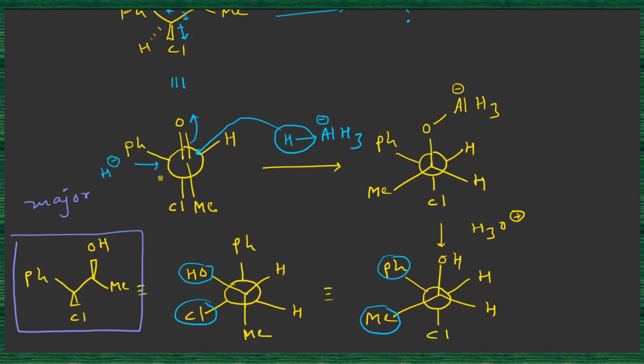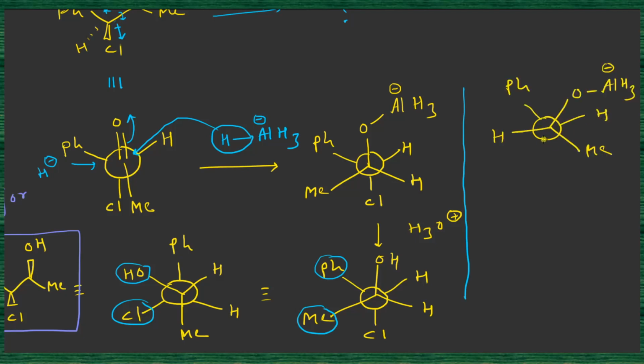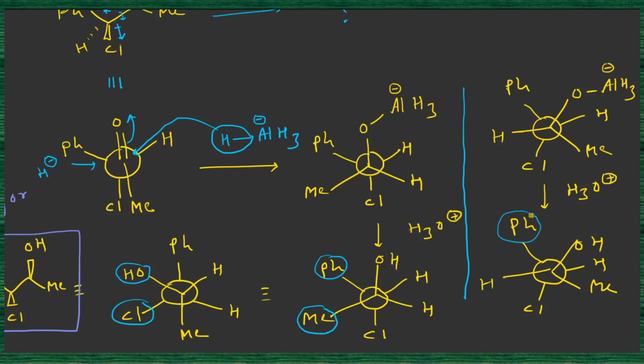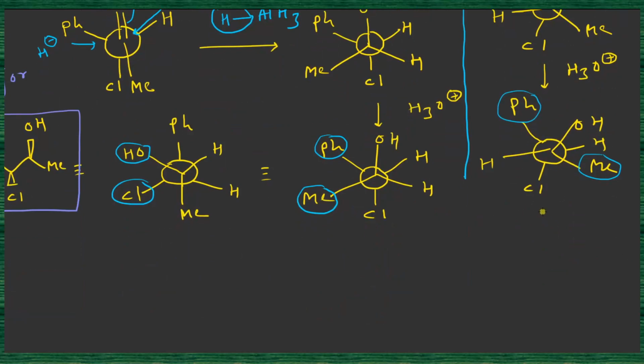So after the attack from the left side, this particular alkoxide will form. Right. So after the aqueous workup step, we will get the corresponding alcohol, and here as you can see, this phenyl and this methyl group are on the plane, so we just have to draw the corresponding flying wedge formula, which will look like this.